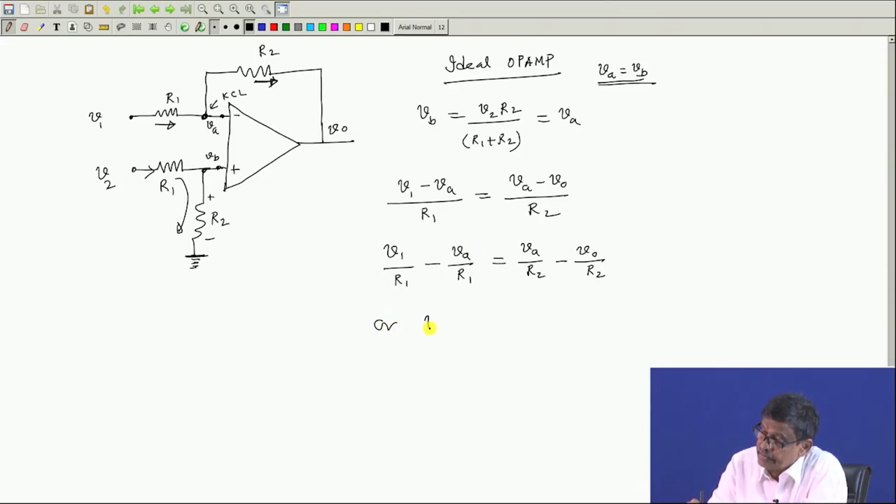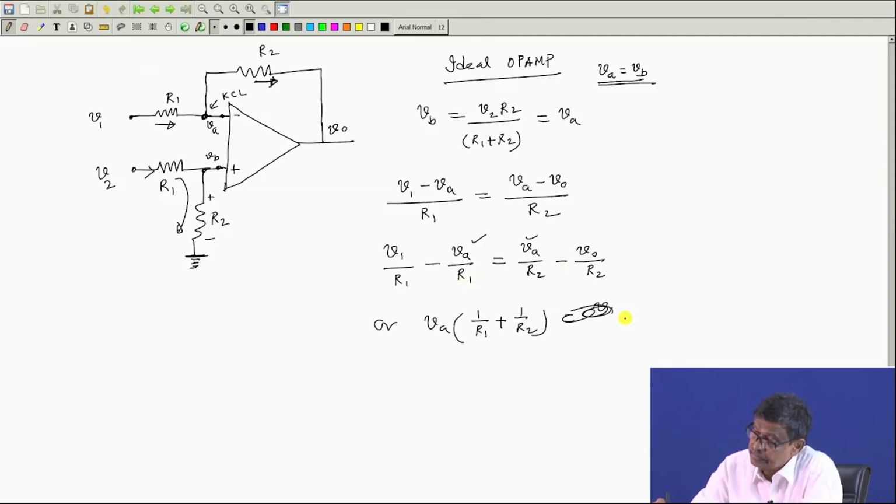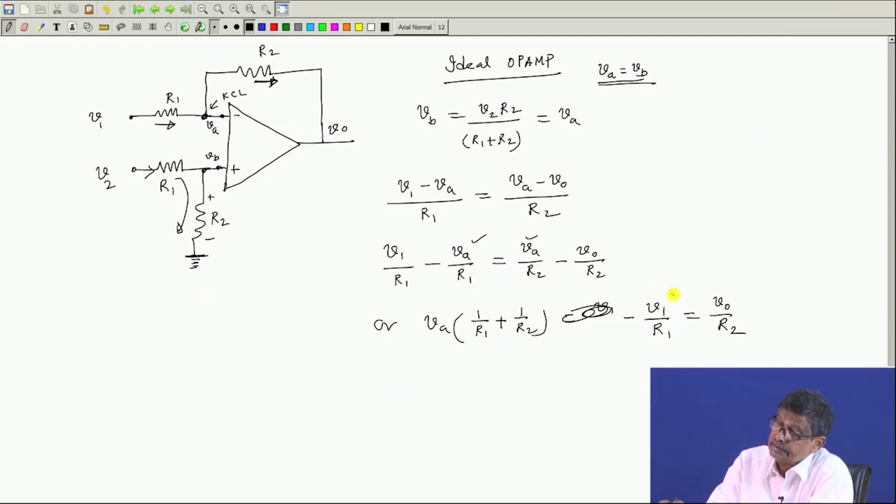Or I will say VA into 1 over R1 plus 1 over R2, these two terms, this I have taken to this side, will be equal to V1, and I will keep V0 on one side, okay. And so I have taken this term to this side, then say minus V1 by R1, and this will be equal to V0 by R2. I can do that, and then this is the thing.